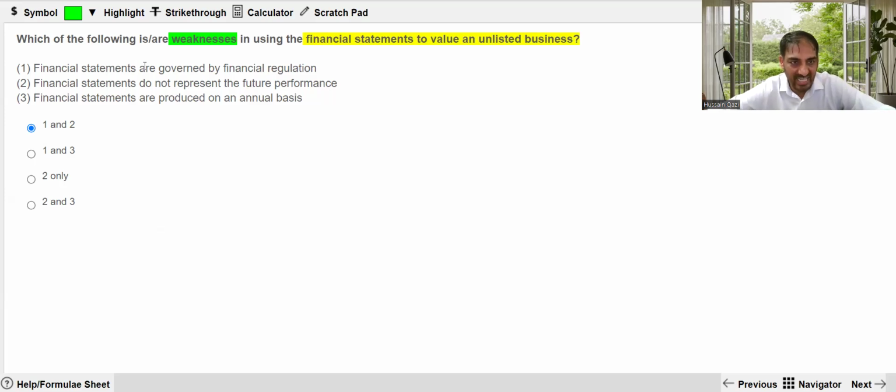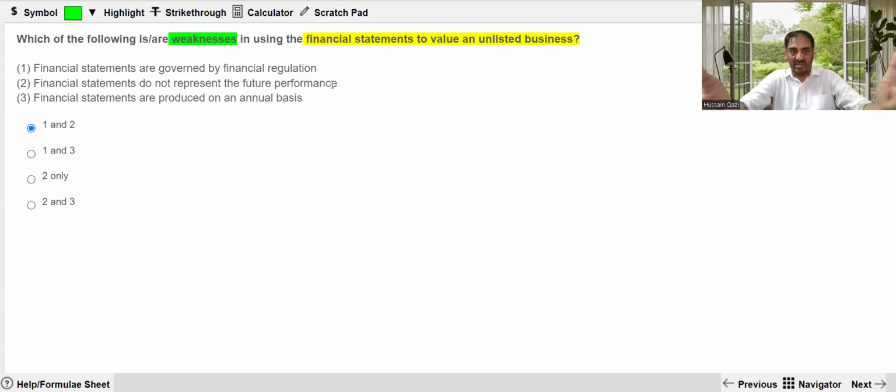Number 1, financial statements are governed by financial regulation. This is not a weakness. This is the strength point. This is a strong point. So point number 1 is not a weakness. Either both 2 and 3 or any one. Financial statements do not represent the future performance. That's absolutely right.